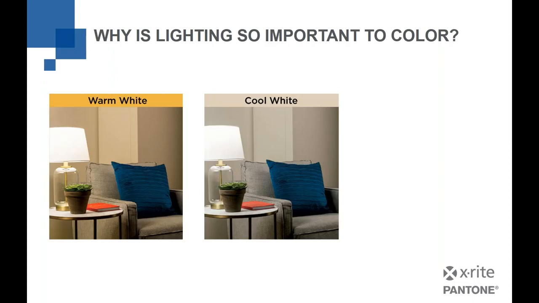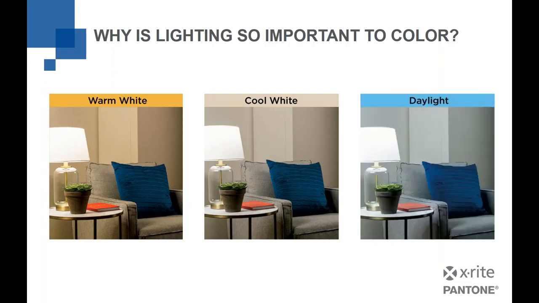And so if I buy a cool white one and we put it in the lamp in the same room, you can see that that different light inside the lamp, a different source, makes the color look different. Now, if we change everything in the room, no problem. But if I've got two lamps and one of them's warm white and one of them's cool white, it's going to make things look a little funny, obviously. We've all seen that in a room. And then, by the way, we open up the blinds and now we've got some daylight flowing in.